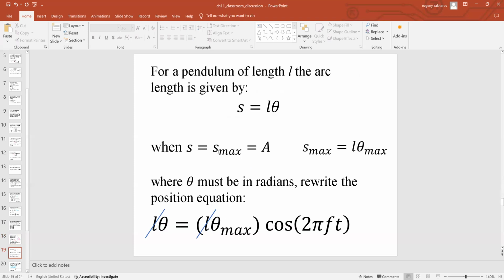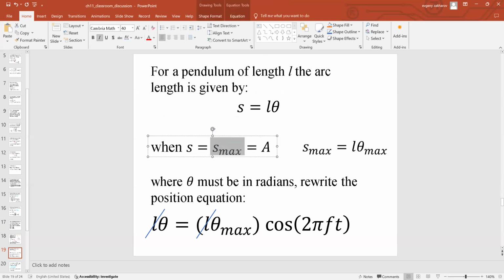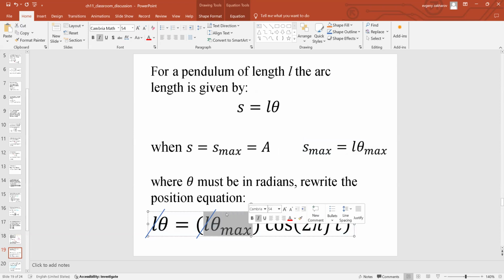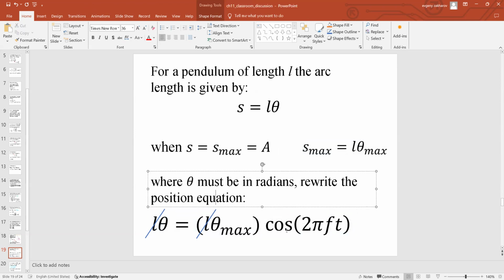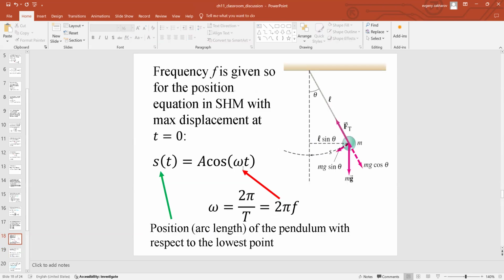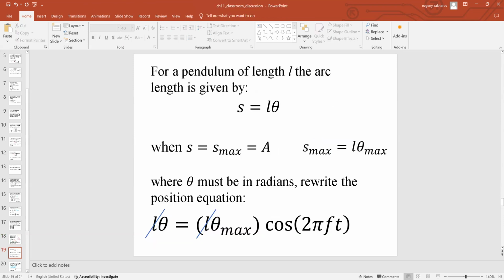Well, maximum compression or extension is what we call the amplitude. So amplitude is just S max, which is L theta max. So instead of an amplitude, you say L theta max, and it's a cosine. And instead of omega, we say 2 pi times the frequency, and frequency is what's given.